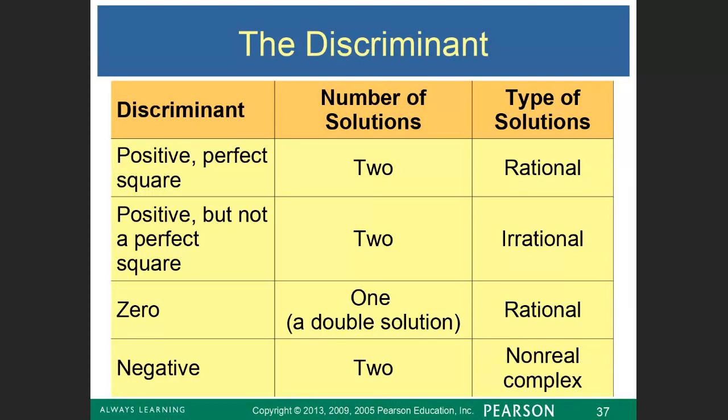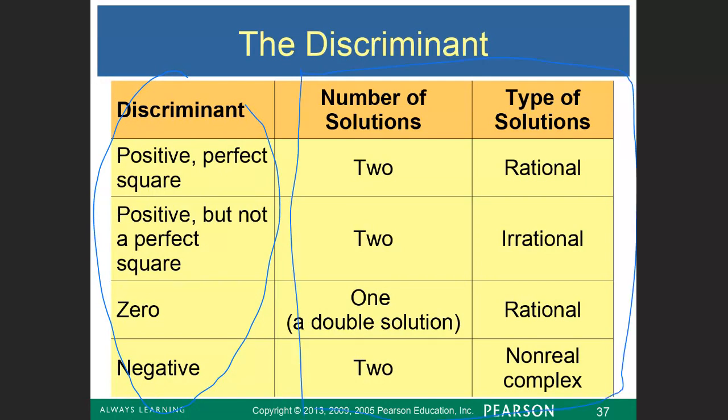First you calculate using your b squared minus 4ac, and then you make a statement. When you're looking at this first column, you can see that your answer could be positive and a perfect square, or positive but not a perfect square, or zero, or negative. Then your answer would be in the second column and the third column.